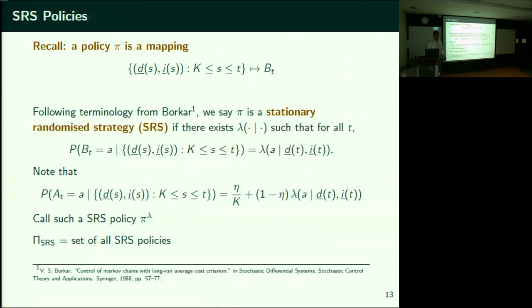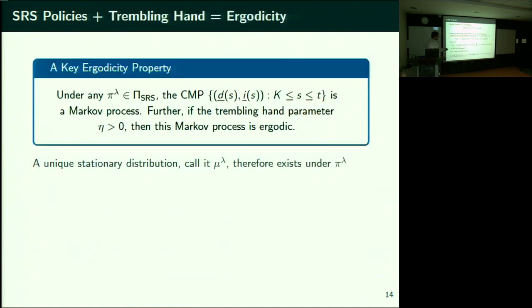Is your probability matrix stationary or changing over time? If your policy is an SRS policy with the trembling hand parameter strictly positive, the transition matrix is a time-homogeneous transition probability matrix, and it has a unique stationary distribution. The resulting P for the controlled Markov process is not a function of time.